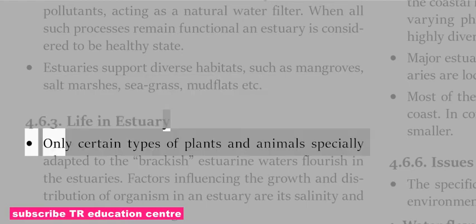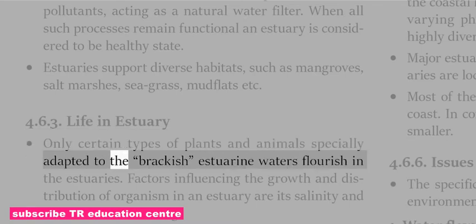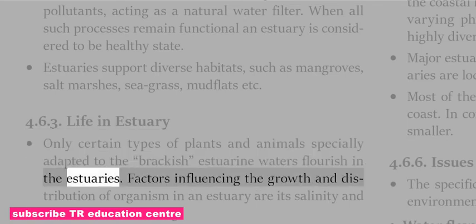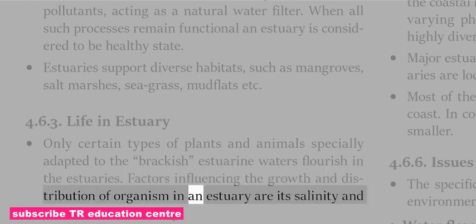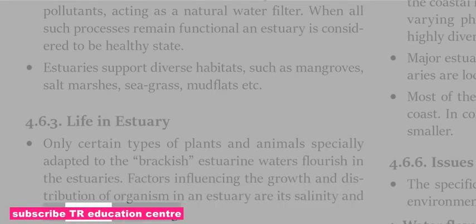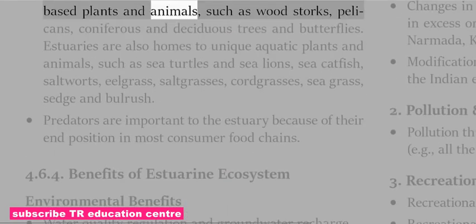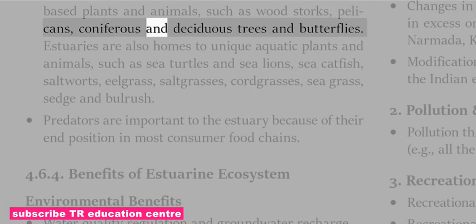Life in estuary. Only certain types of plants and animals specially adapted to the brackish estuarine waters flourish in the estuaries. Factors influencing the growth and distribution of organisms in an estuary are its salinity and the amount of flooding. Estuaries are homes to all kinds of terrestrial or land-based plants and animals, such as wood storks, pelicans, coniferous and deciduous trees and butterflies.